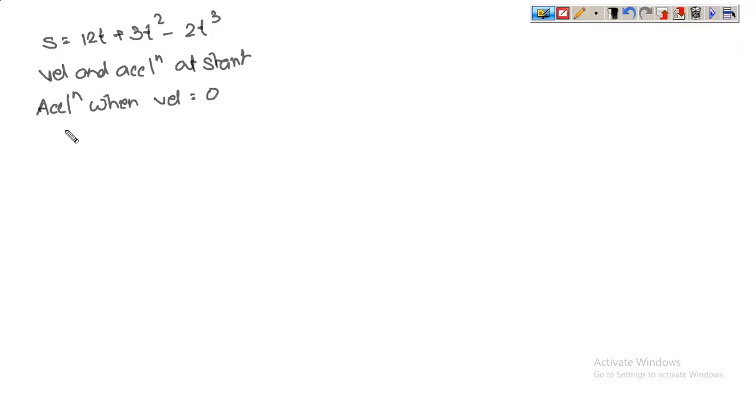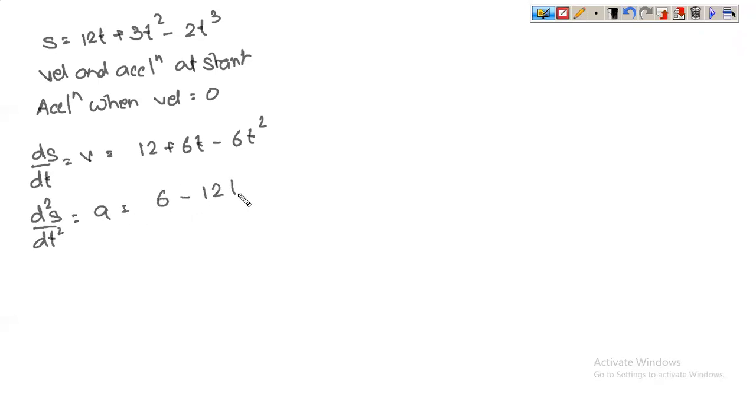So these two things are asked. If s is equal to 12t plus 3t square minus 2t cube, ds by dt is v. If you differentiate it once, you have 12 plus 6t minus 6t square. And again, d square s by dt square is acceleration, and this is 6 minus 12t.